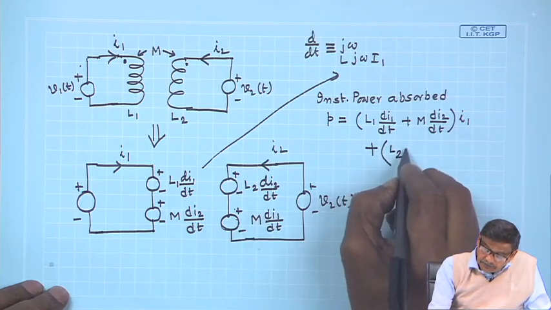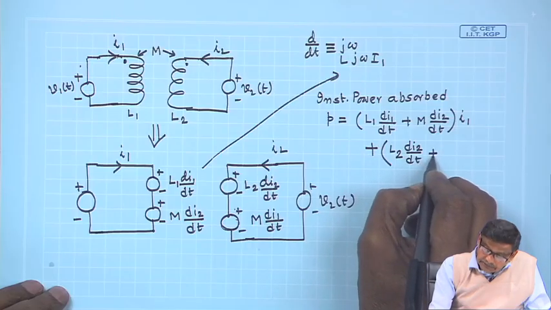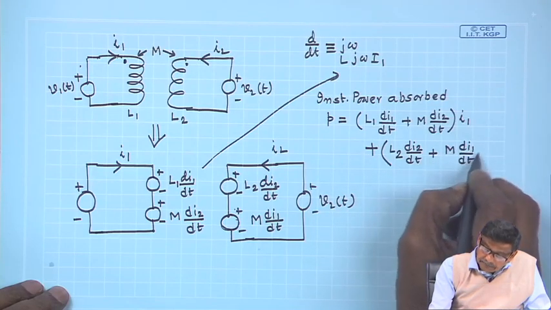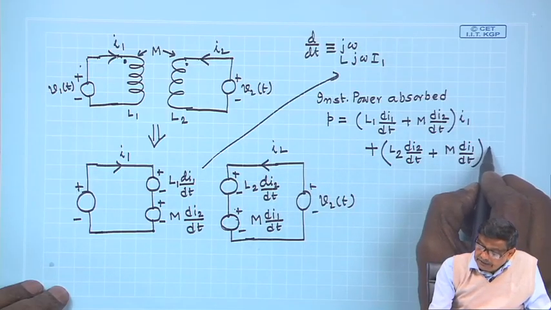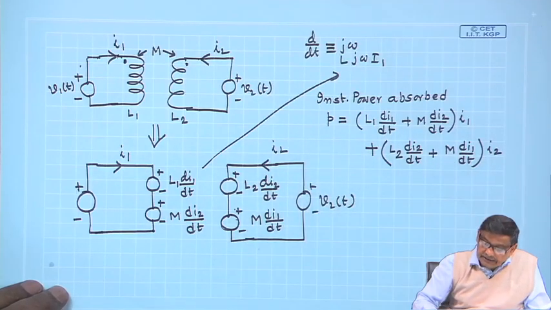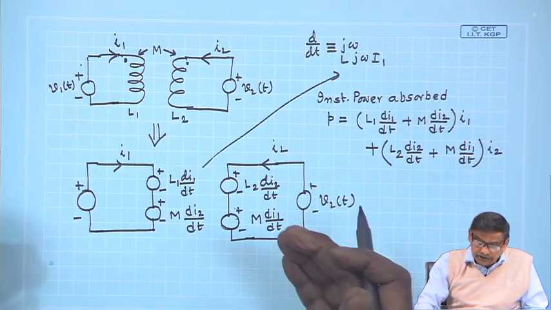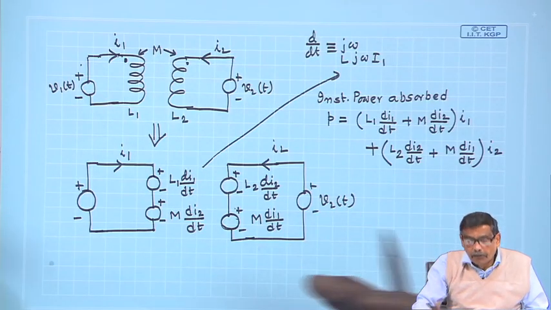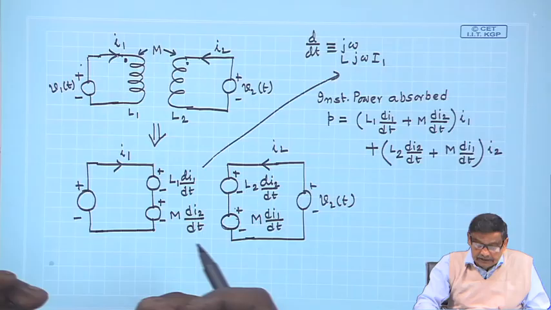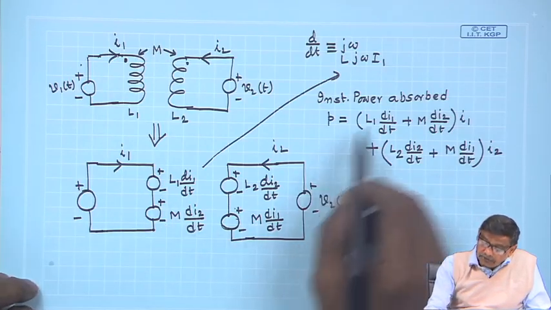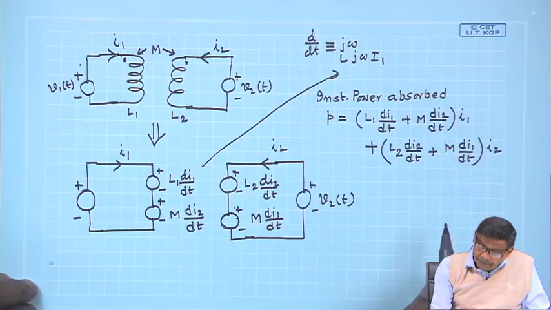It is L 2 d I 2 dt plus M d I 1 dt, and the current is I 2. This is the instantaneous power. So, both the sources are as if pumping power into the system. The system is L 1, L 2 and M. So, this is how it looks.